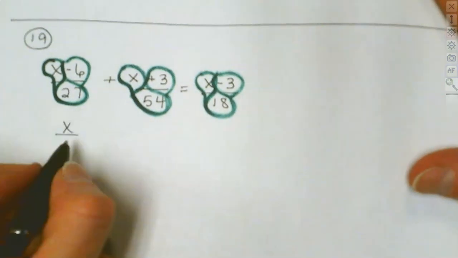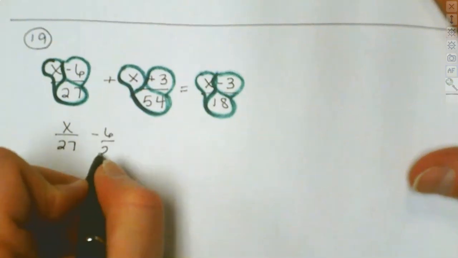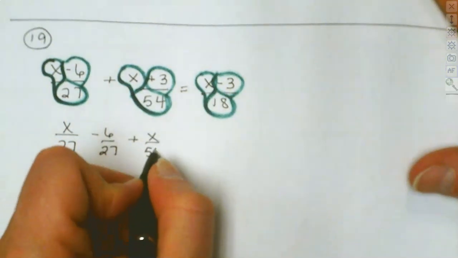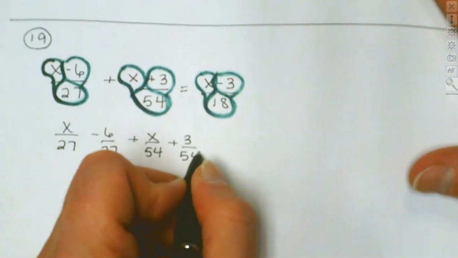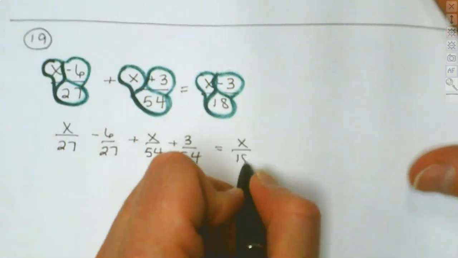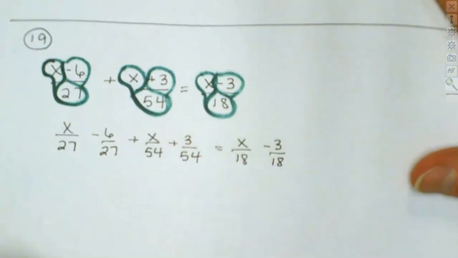So that's x over 27 minus 6 over 27 plus x over 54 plus 3 over 54. That equals x over 18 minus 3 over 18.